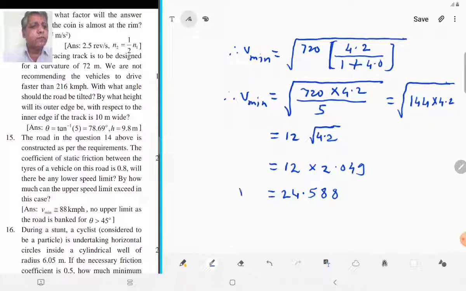This is the minimum speed, and this is in meter per second.